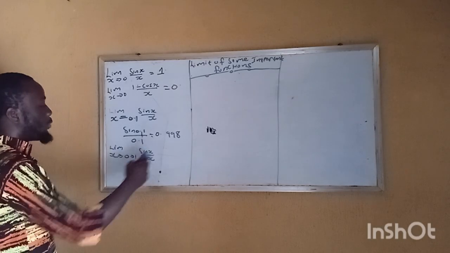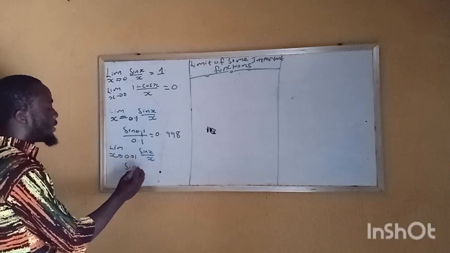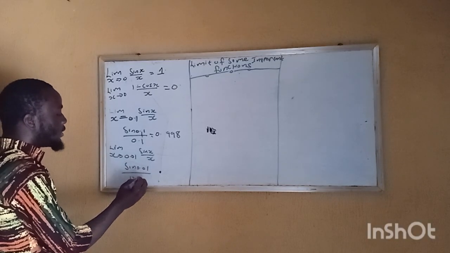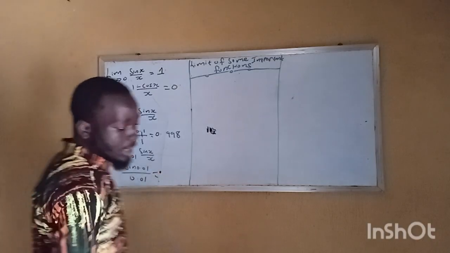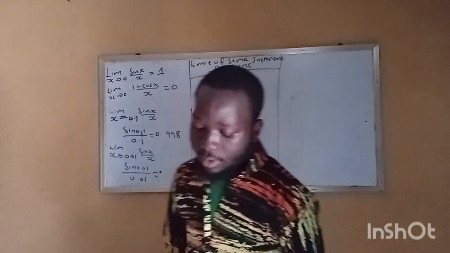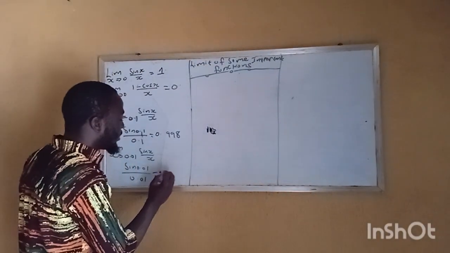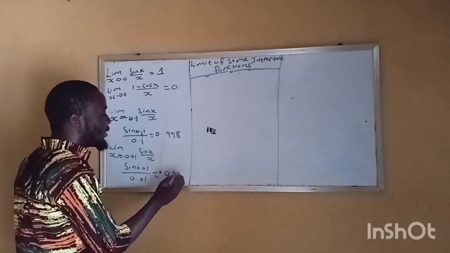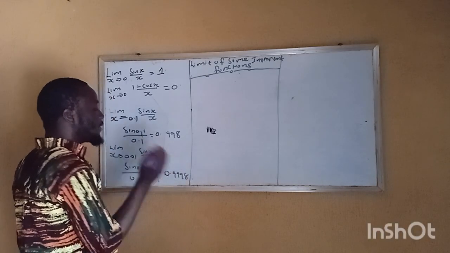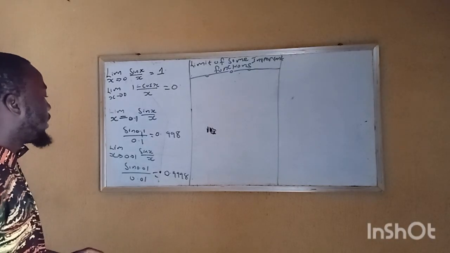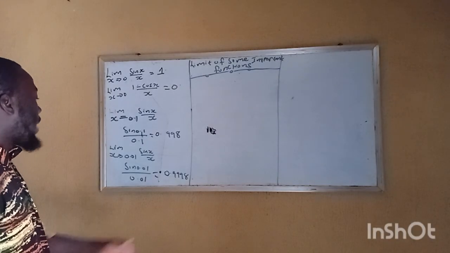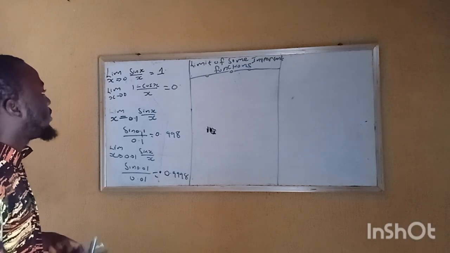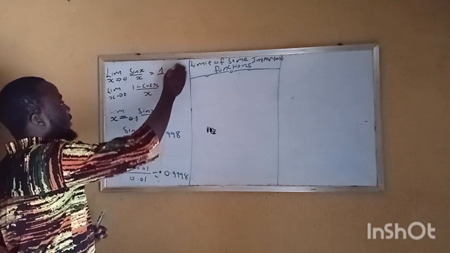So sine 0.01 over 0.01. Putting it in the calculator again, we have 0.9998. Can you now see that this is approaching 1? Approximately it is 1. Then this first equation is correct.